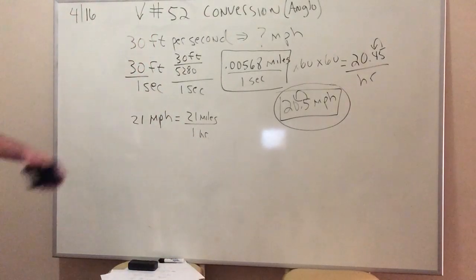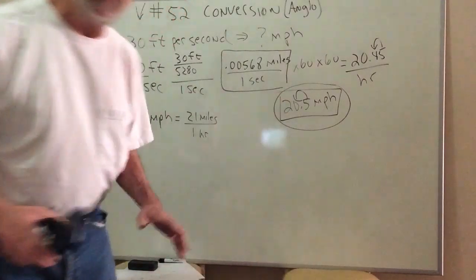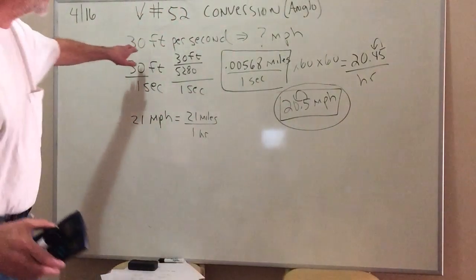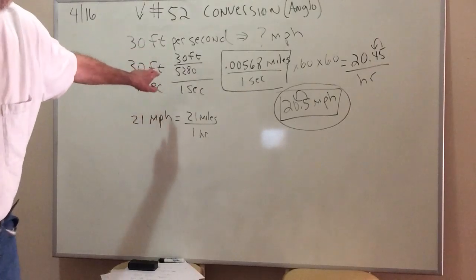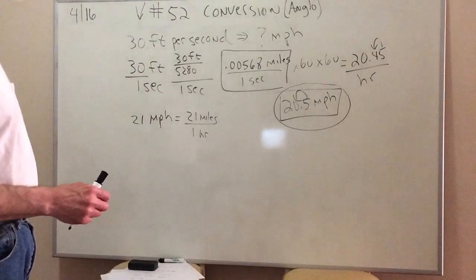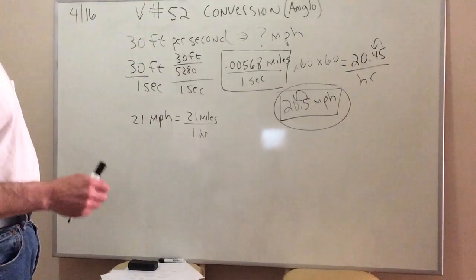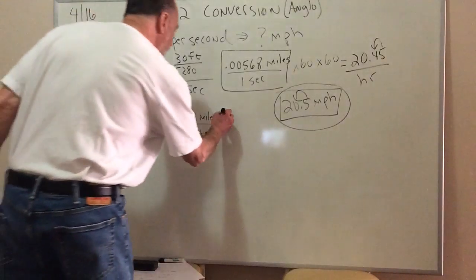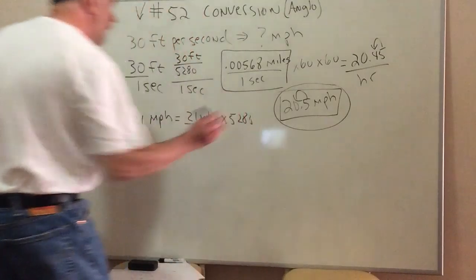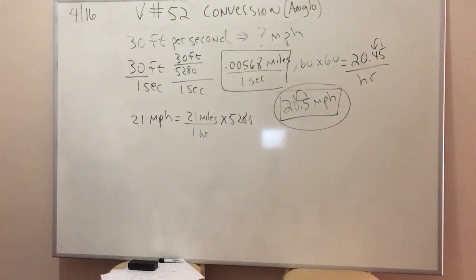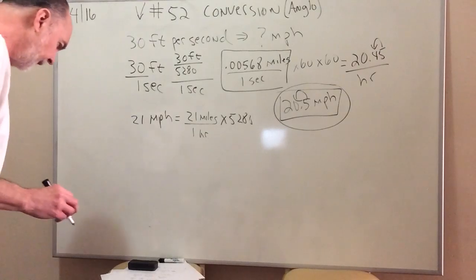Again, I won't get the exact same answer, but I'll definitely be in the ballpark. I have to get close to 30 just to see that you can go back and forth on this kind of math. So let's see, 21 miles. So that would be times 5,280, and that would convert the miles that I did in an hour into feet.